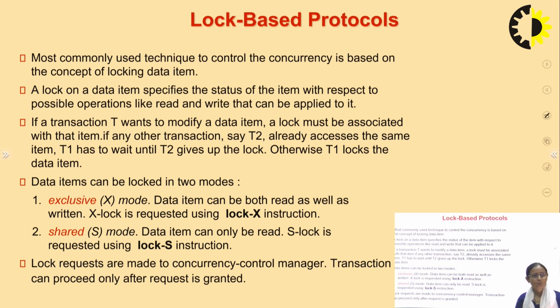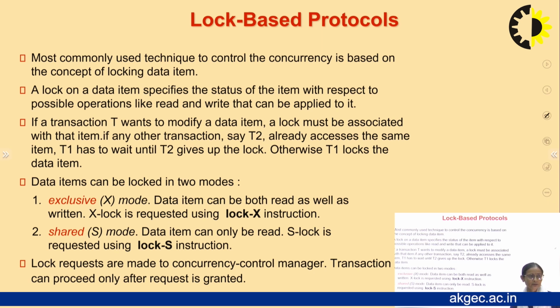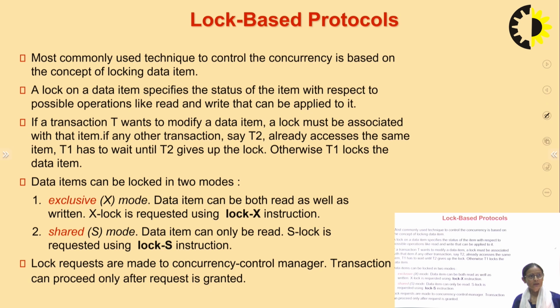If a transaction T1 wants to modify a data item, let's say the data item is Q, a lock must be associated with Q. If any other transaction, for example T2, is already working on this data item Q, then T1 has to wait until T2 releases the lock on data item Q. If there is no other transaction working on that particular data item Q, then T1 locks the data item Q. And later on, if some other transactions come into the system, let's suppose T3, T4, and they want to work on data item Q, then they are put on hold by your concurrency control manager.